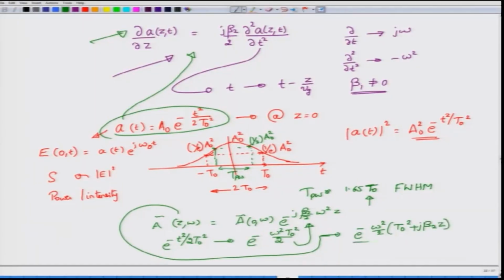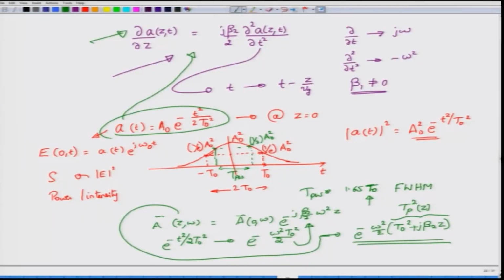So, this is the pulse Fourier transform after it has propagated a distance of z. Now, if I take the inverse Fourier transform of this one, I have to treat this entire t 0 square plus j beta 2 z as some t p square of z, and of course, I know that this t p square of z is going to be complex because there is a j term and a beta 2 term.